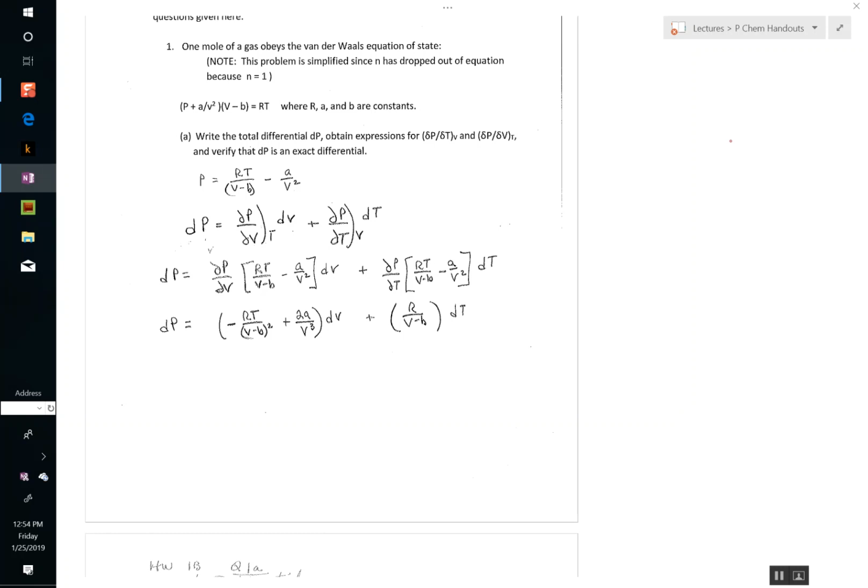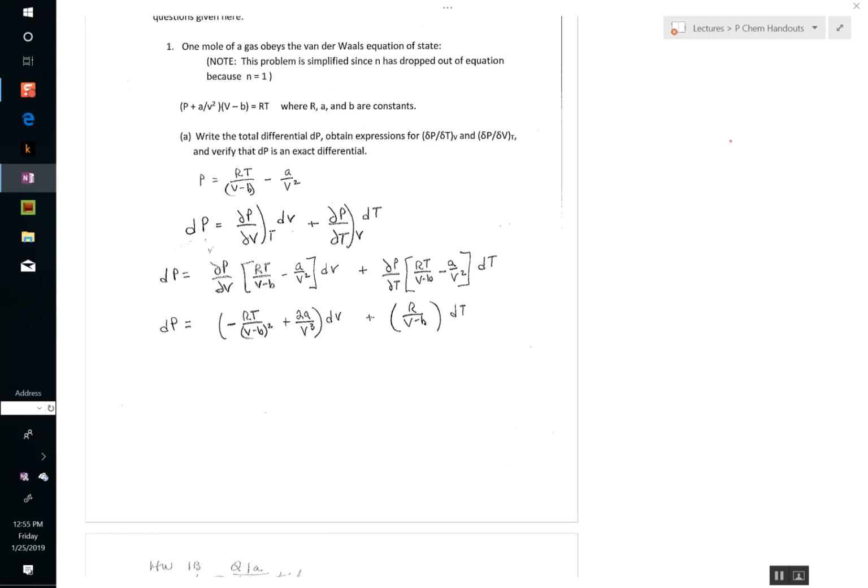At constant T, that's a constant RT over, so it's minus (v minus b) to the second power. That's where that's going to go. And this becomes a minus 2 times a minus, so a plus 2a over v cubed.